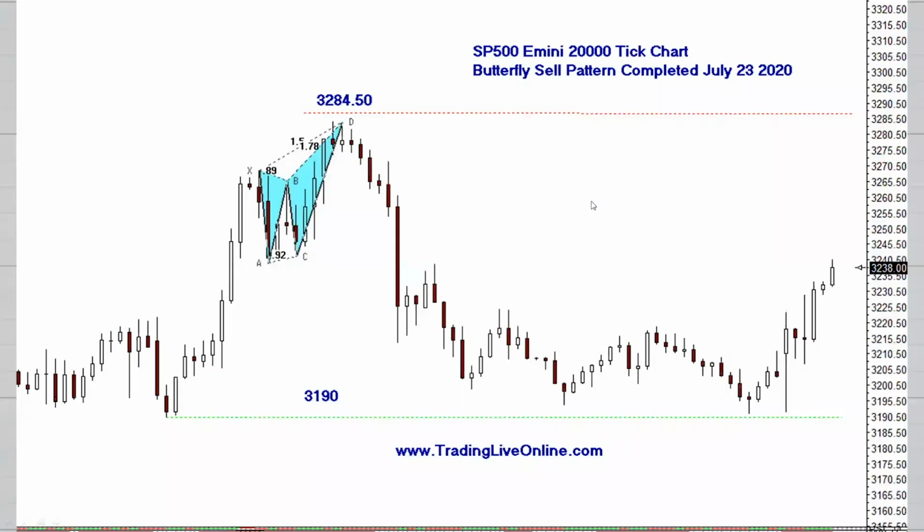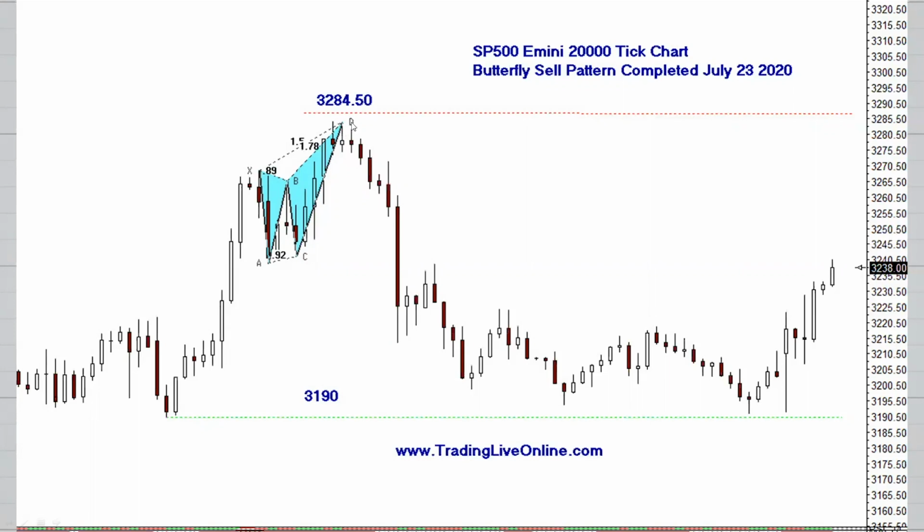Now I'm going to look at a couple charts in the S&P 500. This is a futures chart, but also back on July 8th on my segment on Daily 5 there were butterfly patterns. These are patterns that have ABCDs that extend above a particular swing.